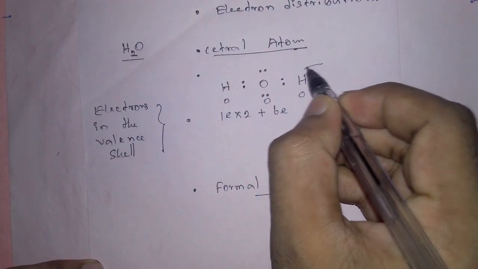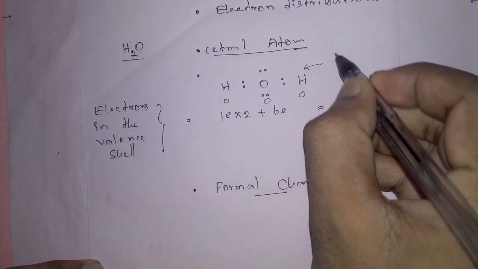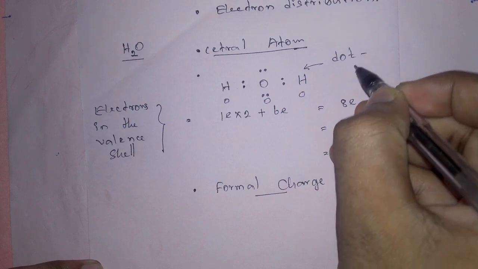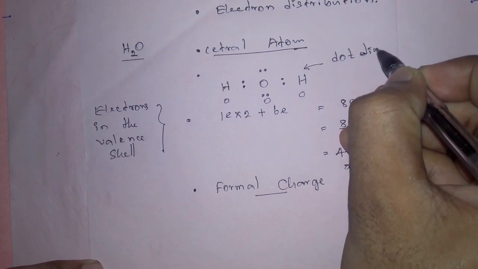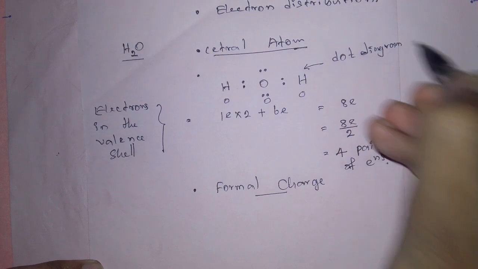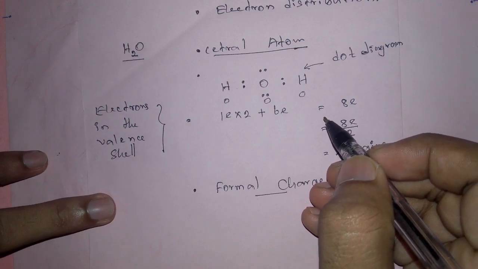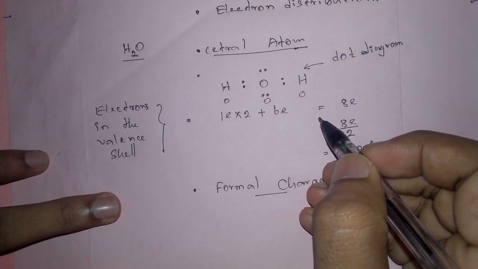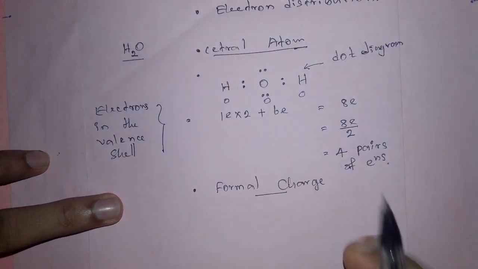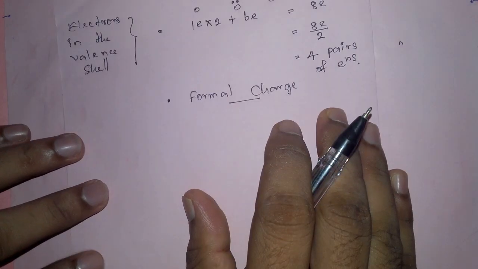So this structure is considered as Lewis dot diagram. And let's see how to draw dot and dash diagram by using this structure. It's very simple now.